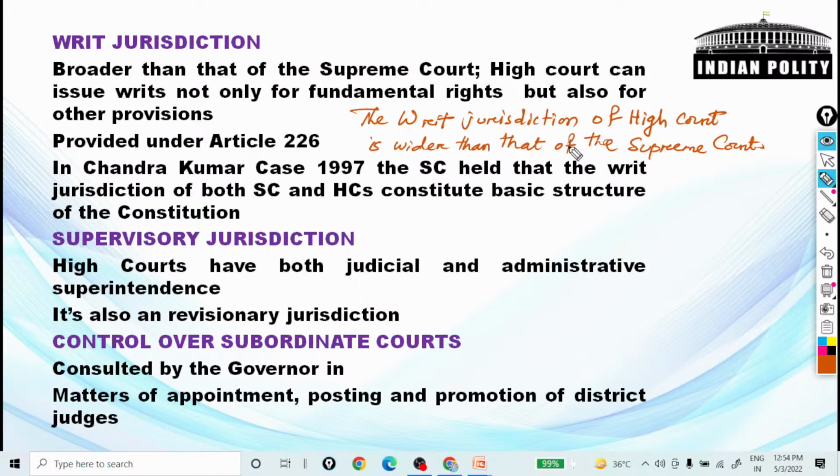Then control over subordinate courts, apart from the supervisory jurisdiction. There is also some controlling jurisdiction of the High Court. The High Court is consulted by the governor of the state in the appointment, posting, and transfer of district judges.